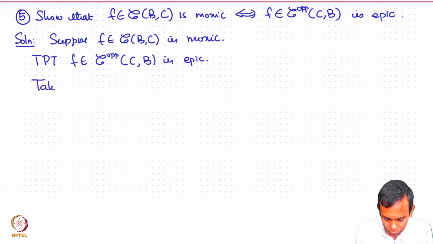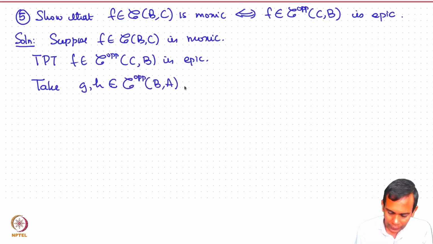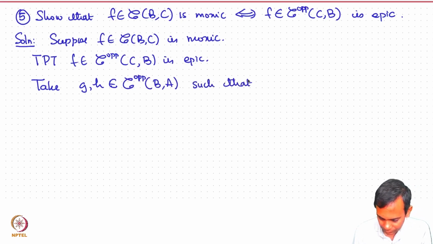So take any two arrows, G and H, from B to A, such that we have G circle F is equal to H circle F, and this is the composition in C op.